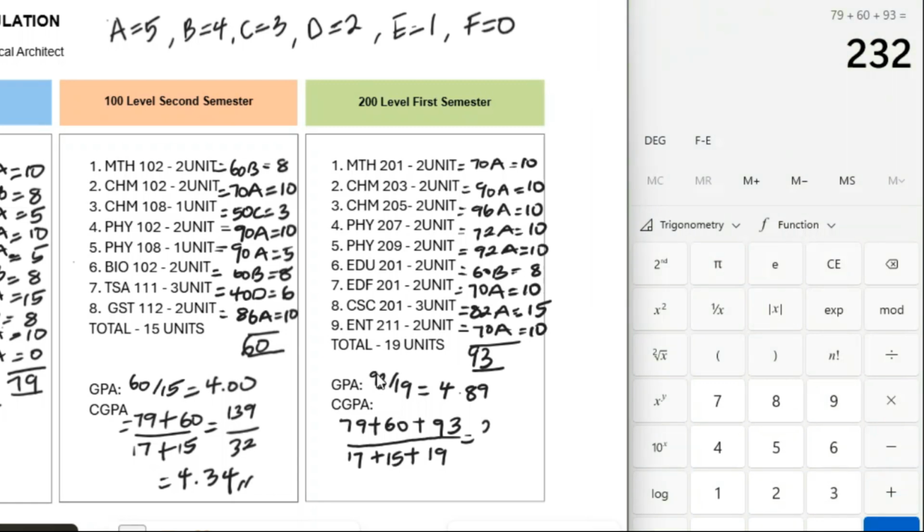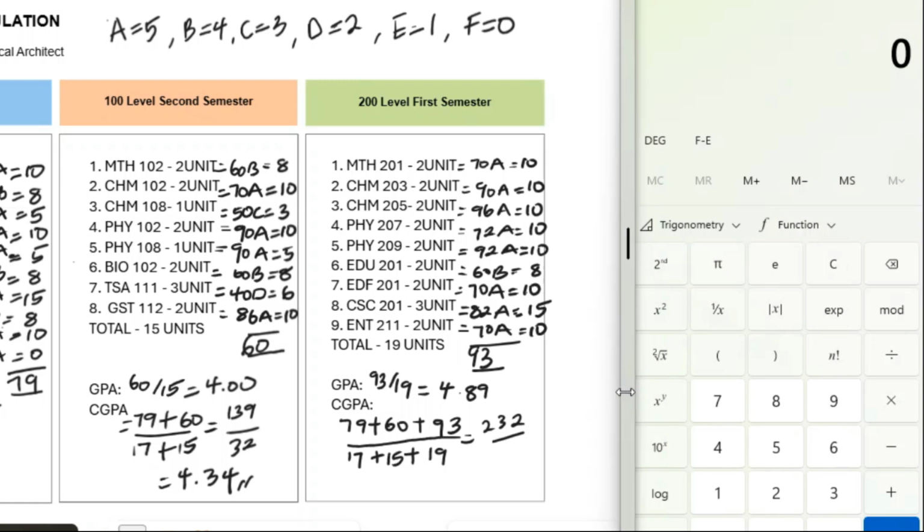This will give us 232 divided by 17 plus 15 plus 19, and this is 51.